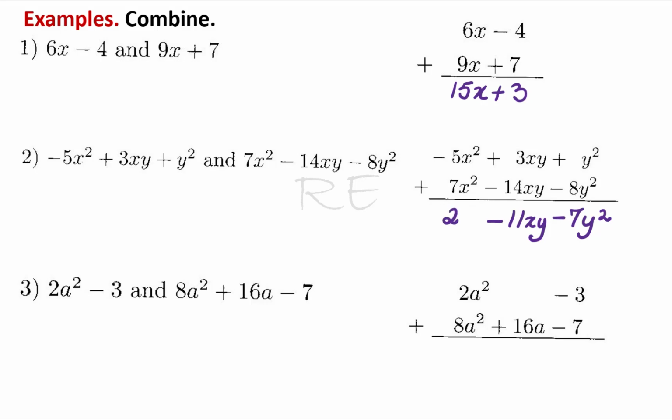And negative 5x squared plus 7x squared, positive 2x squared. We replace the gap by 0a, and we can add negative 3 plus negative 7, negative 10, 0a plus 16a, 16a, and 2a squared plus 8a squared, 10a squared.